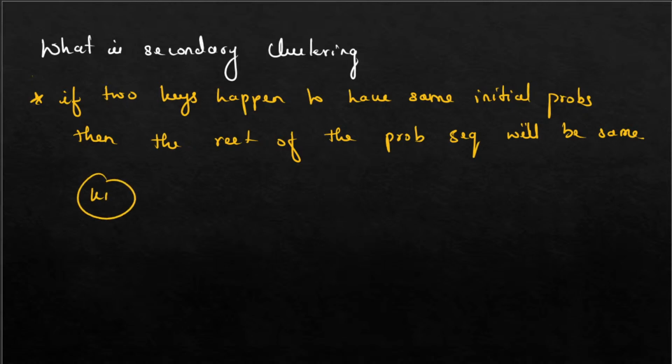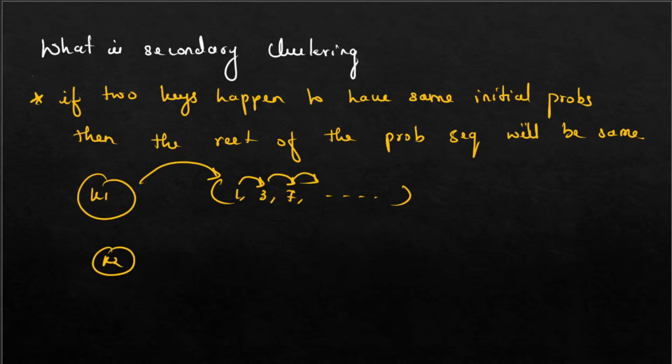So K1 goes 1, 3, 7, so on, like this, 1 to 3, 3 to 7. This is K2, which is 1 to 3, 3 to 7, so on, like this. Alright everyone?